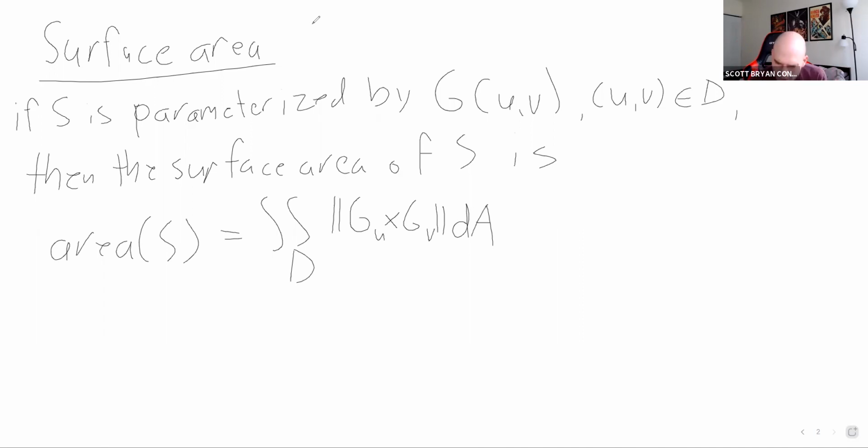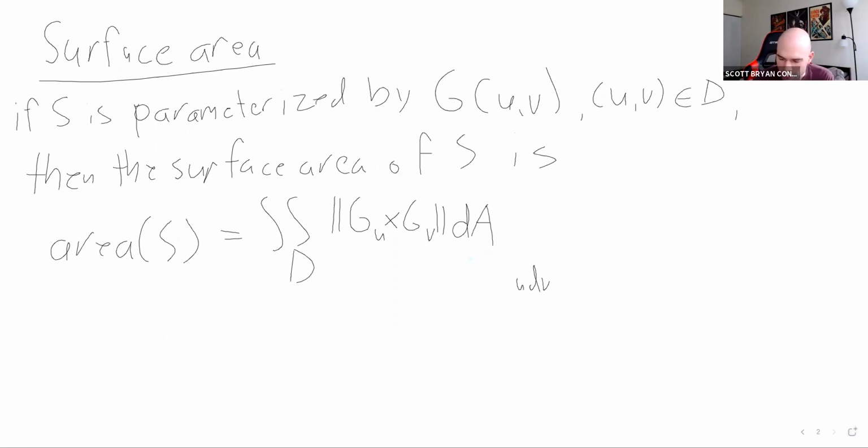So the book says du dv here, which I guess is fine. We don't usually call them u and v, but the order obviously depends on what the region D is shaped like. So it might make sense to integrate with respect to v first, but once again, we don't call them u and v usually.